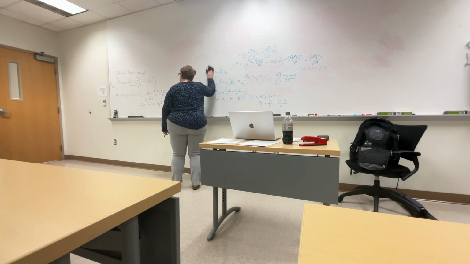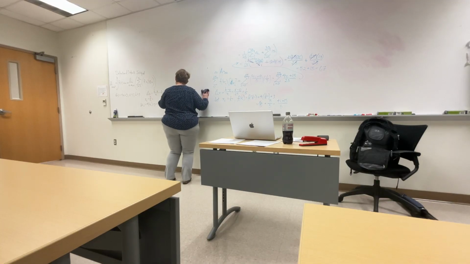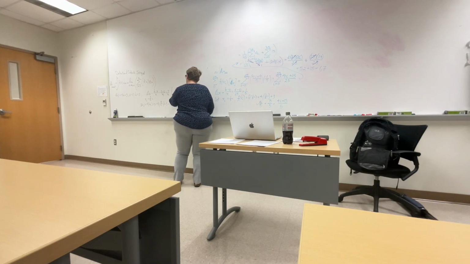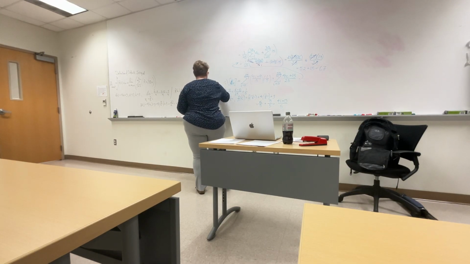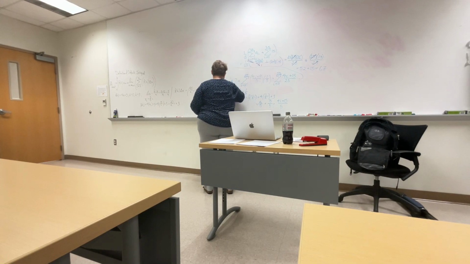So let's substitute in, let's find f of x sub i times delta x. So we said that f of x sub i was 20 over n i plus 3. And what did we say delta x was? 5 over n.